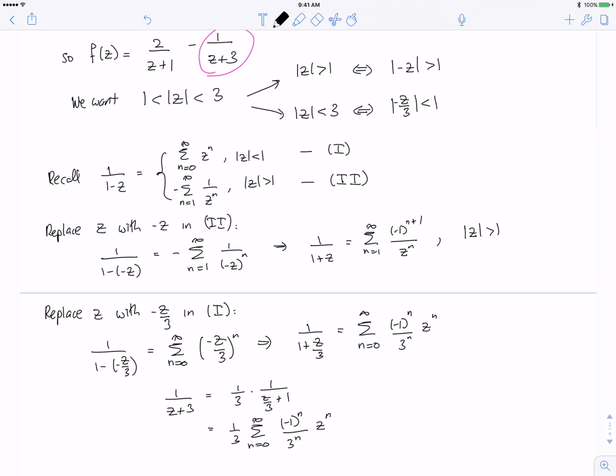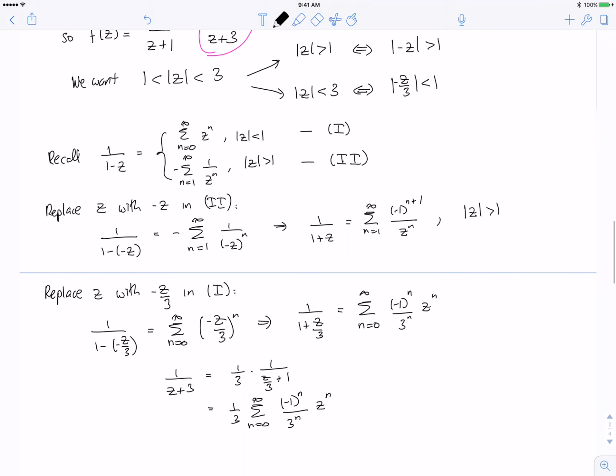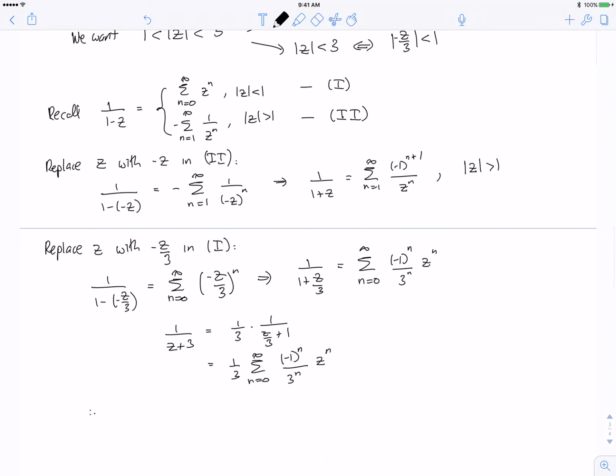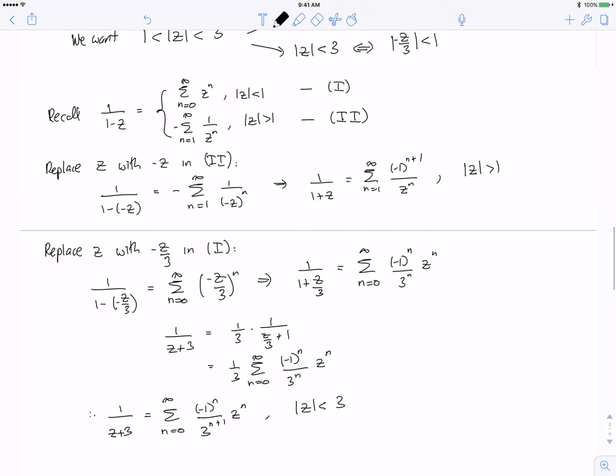Yeah? So what I get is that therefore 1 on z plus 3 equals sum from n equals 0 to infinity, negative 1 to the n on 3 to the power of n plus 1, z to the n, and this is valid when modulus of z is less than 3.